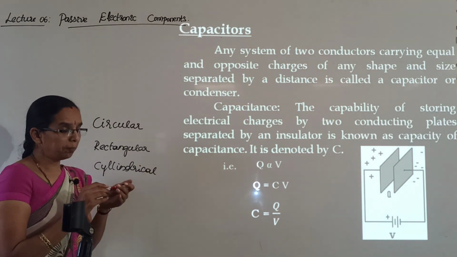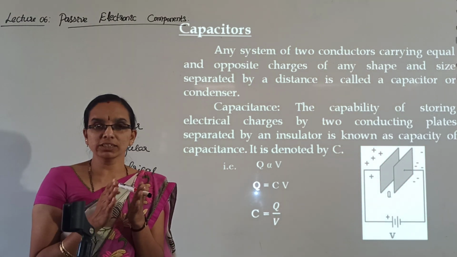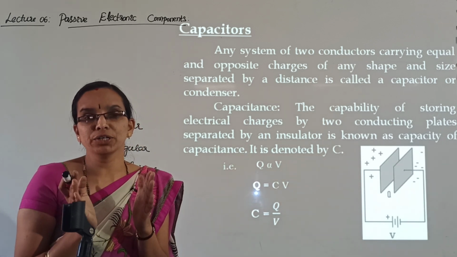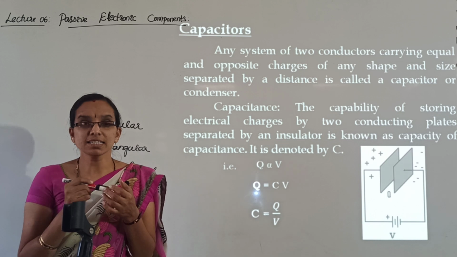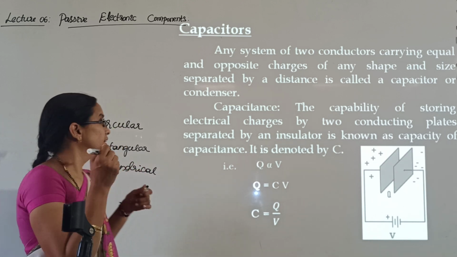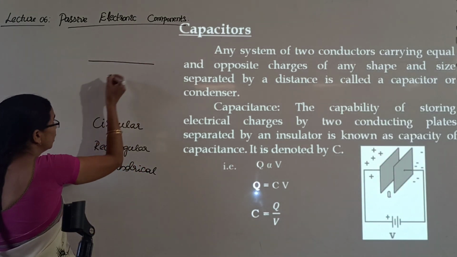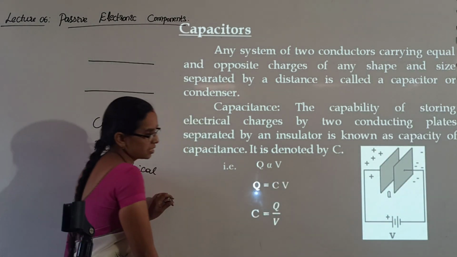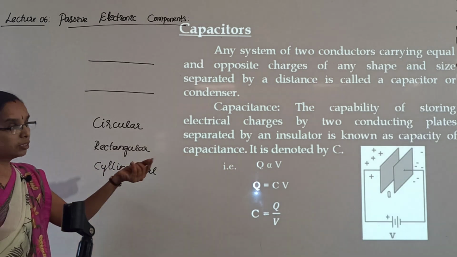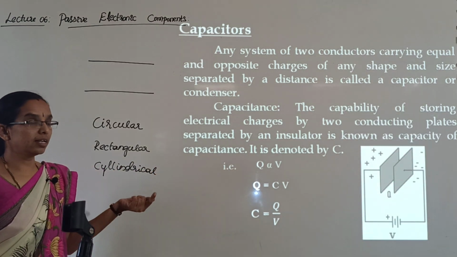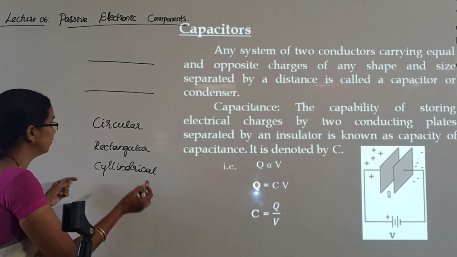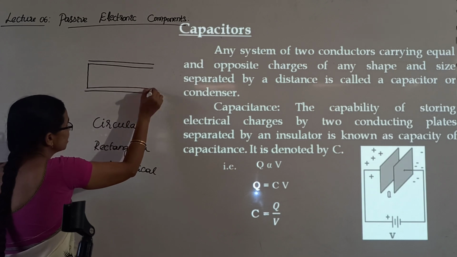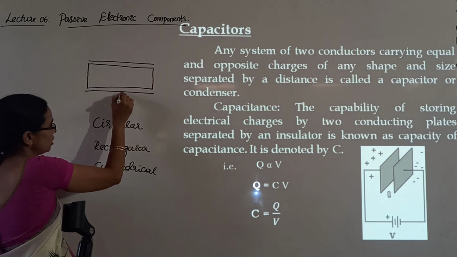Two conducting plates placed close to each other, and in between them an insulating material is introduced, that is called dielectric. This dielectric will make sure that these two conducting plates, let me consider these are rectangular plates here, given as an example. The shape of the plate may be cylindrical as well as circular. So two parallel plates separated by an insulating material, that is called dielectric.